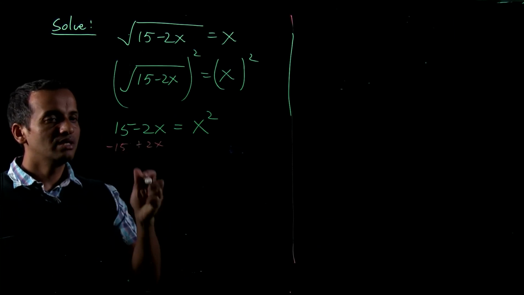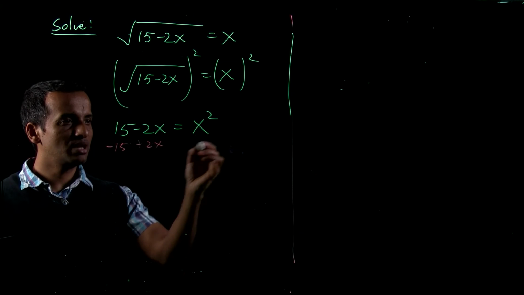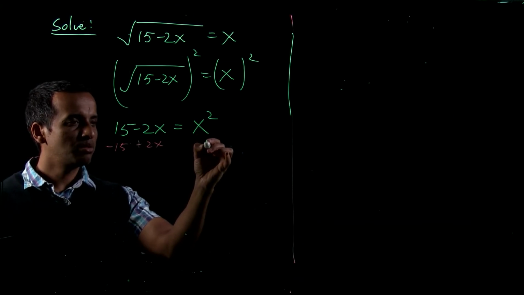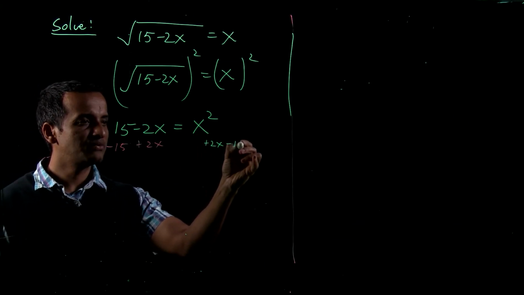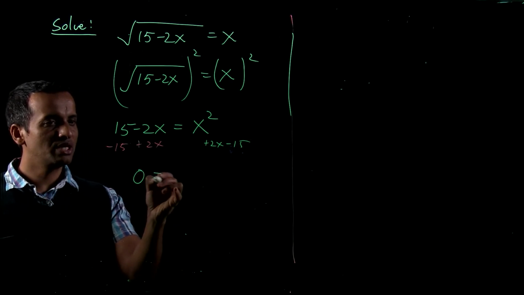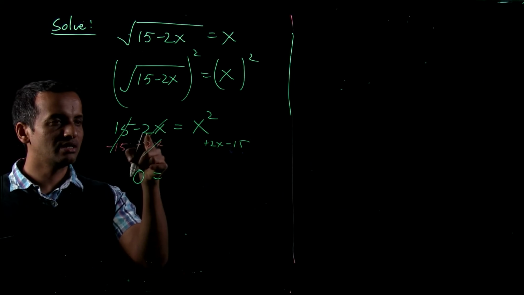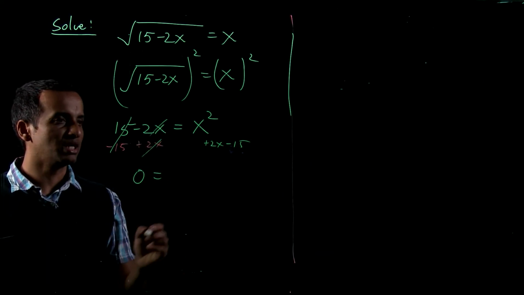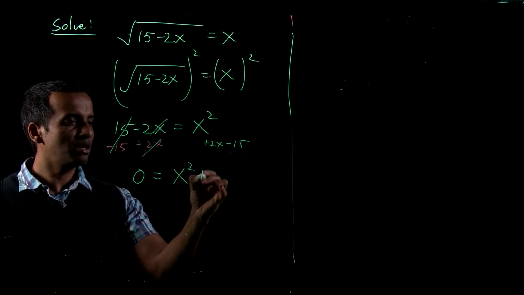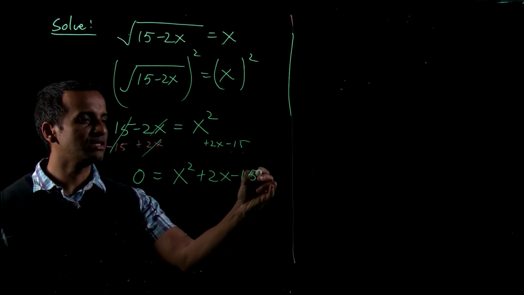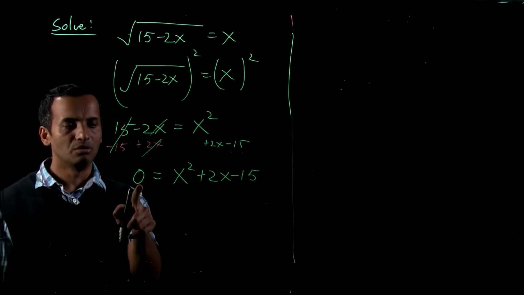Adding 2x and subtracting 15 gives plus 2x and minus 15 on the right, and the 0 on the left, because negative 15 and negative 2x are cancelled. So it will be x squared plus 2x minus 15 equals 0, right?